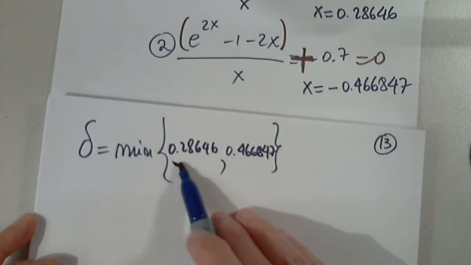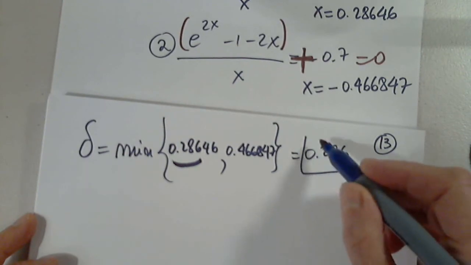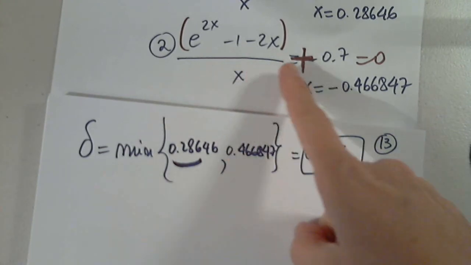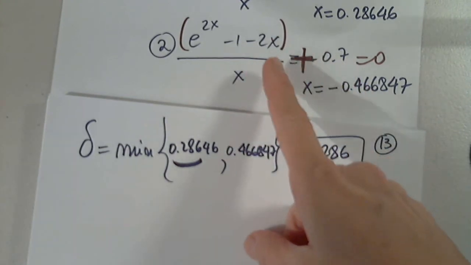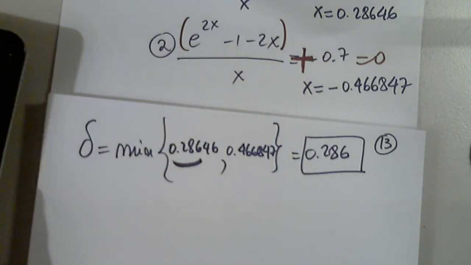Okay, so I'm going to choose this one, 0.286. This problem cannot be solved without the use of the graphing calculator, because I don't know how to solve this. I will know how to solve it in chapter 4 using Newton's method, but right now I don't. So my only chance is the graphing calculator, finding those two solutions.